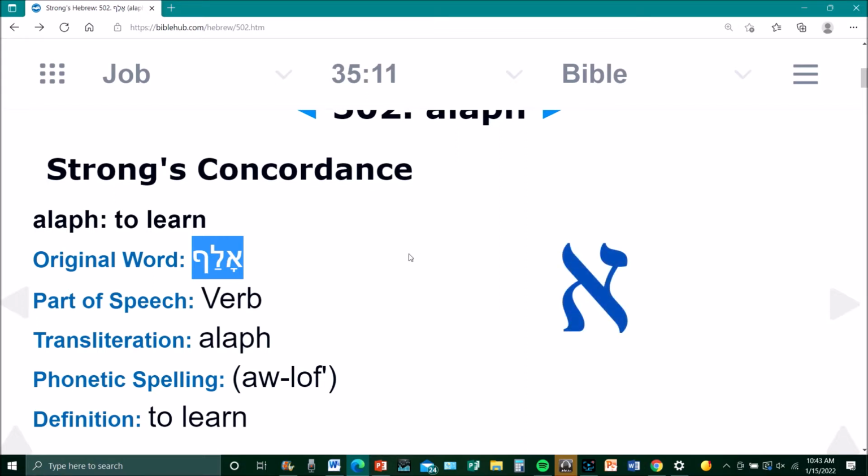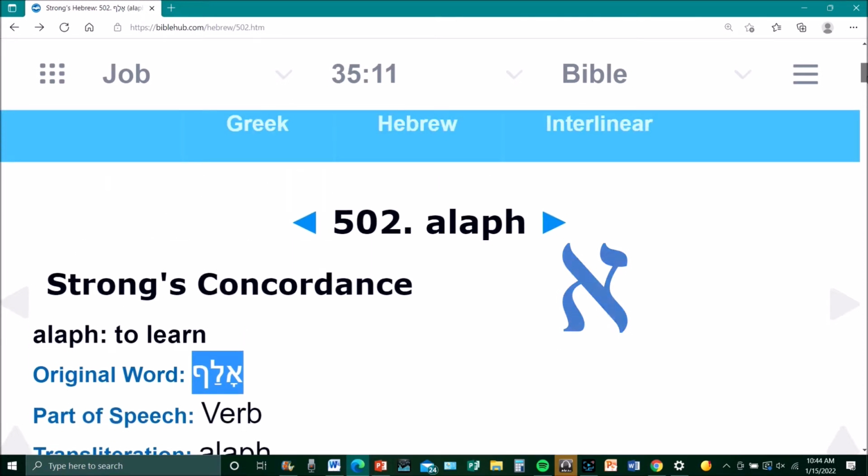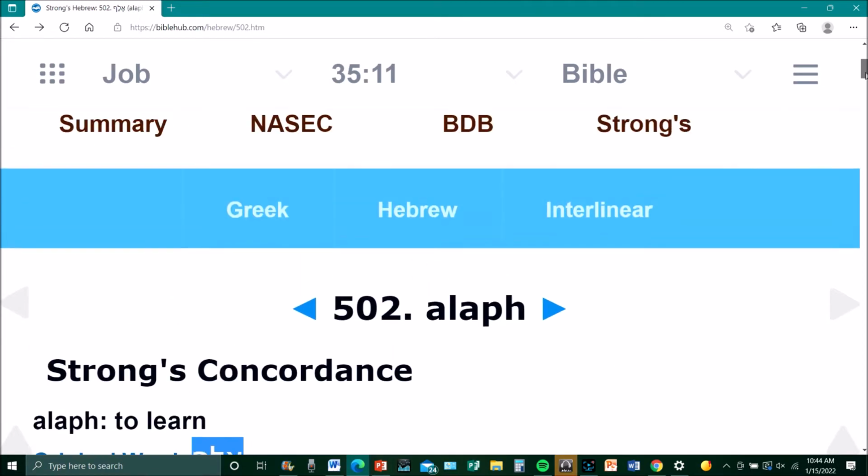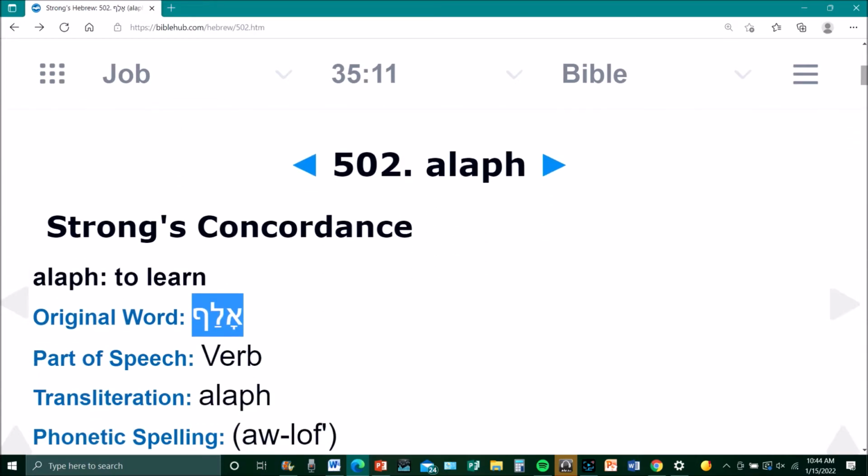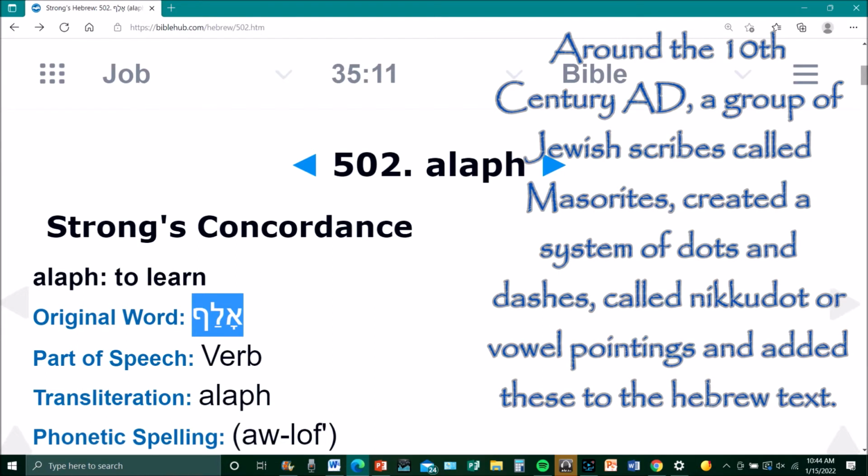When we look at this, I pull up the Aleph, Lamed, Pei, and this is Strong's Concordance, Strong's number 502. We're going to start on the lowest side as we move through the progression of all the Alephs. You're going to see some vowel point differences, so phonetically you would say it a little differently.